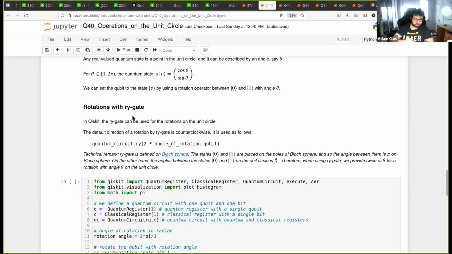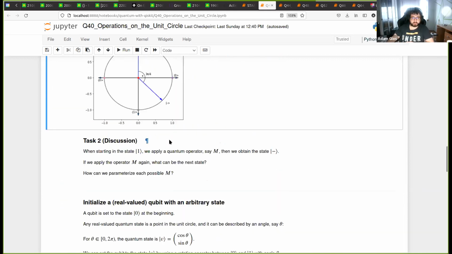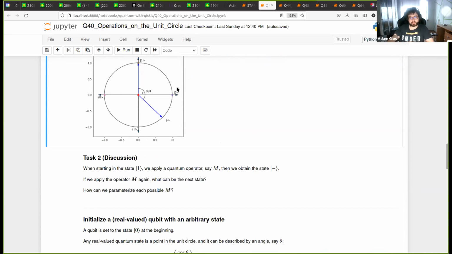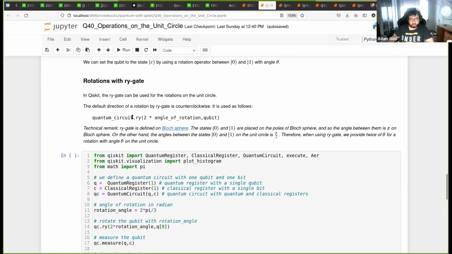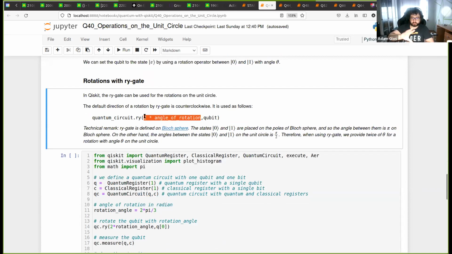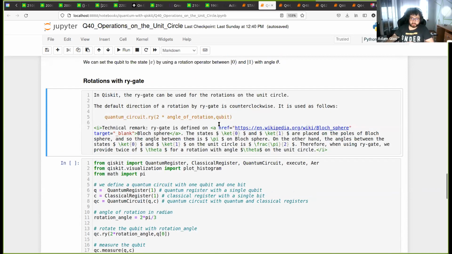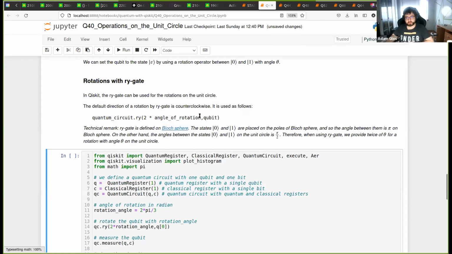We haven't introduced it because this would require introducing complex numbers. But you can see that this RY rotation is exactly rotating along the circle. RY rotation accepts two parameters. First is the angle along which you want to rotate, and second is the qubit on which this rotation is acting.